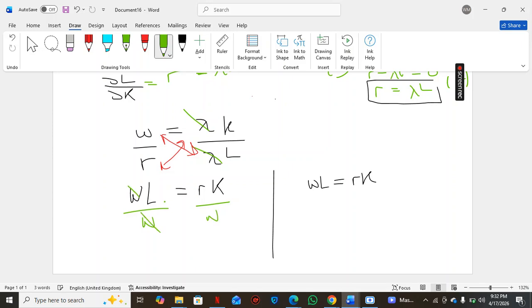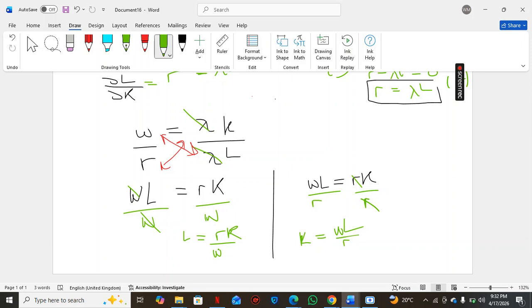So L equals RK over W. And here we want to make K the subject of the formula. So we divide both sides by R. Okay. So K equals WL over R, and L equals RK over W.